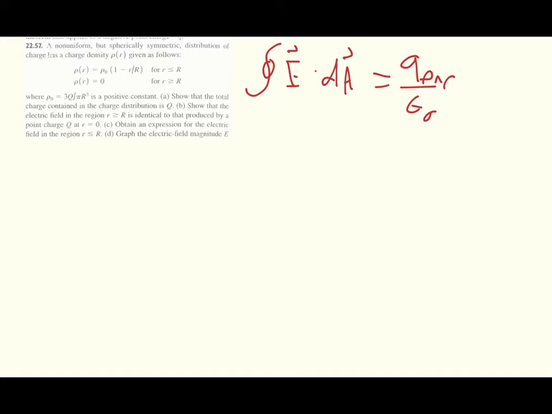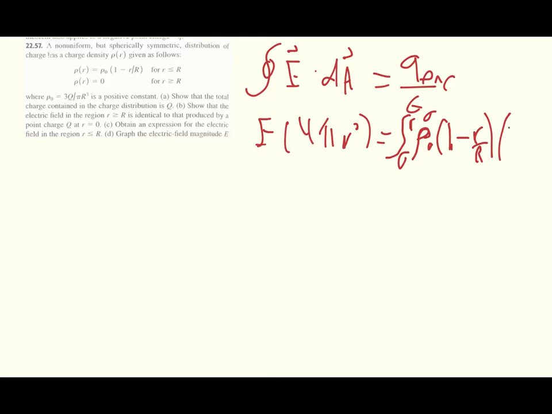It's still spherically symmetric, so it's still E times 4 pi r squared equals, and our expression is going to be the same as it was before: the integral from 0 to r, because we have to set the limits, of rho naught times (1 minus r over R) times 4 pi r squared dr, all divided by epsilon naught.